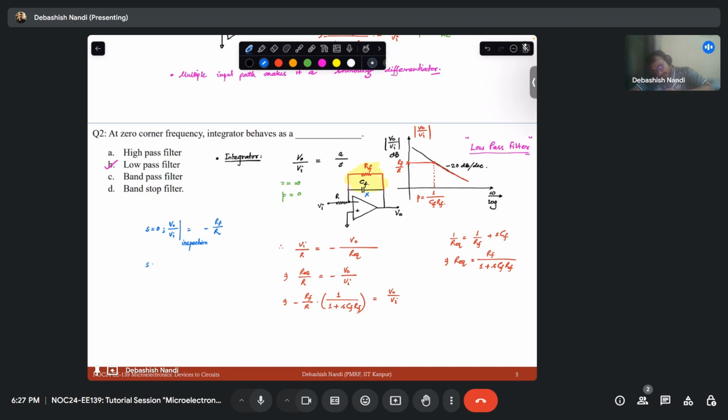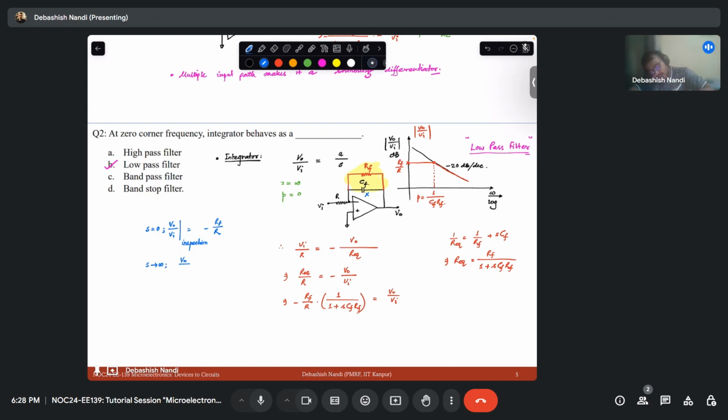Now as S increases and tends to infinity, the capacitor becomes a short and V out is connected directly to the inverting terminal.